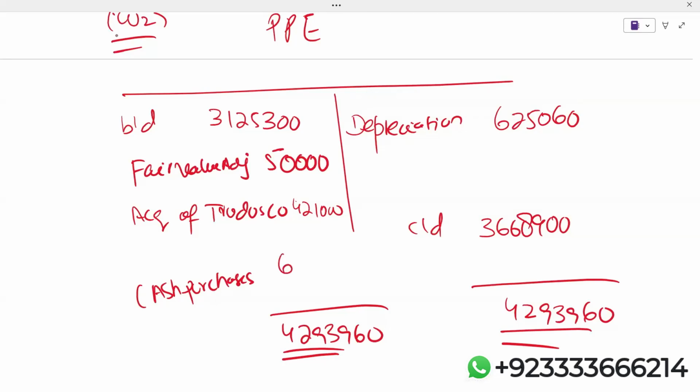Students, I'm getting 6,97,660 cash purchases. And cash purchases we show in our investing activities as an outflow. I hope it is clear to everyone. Please kindly reply.